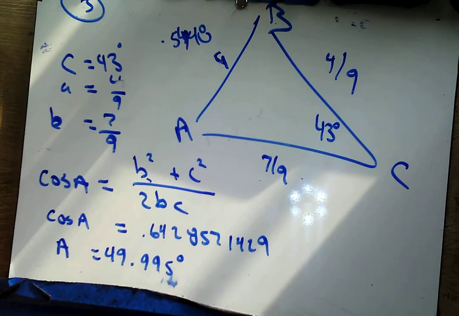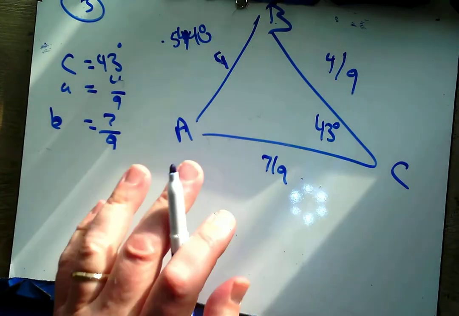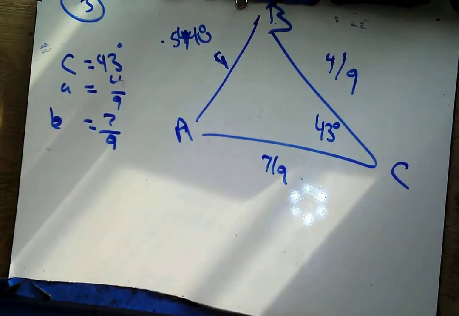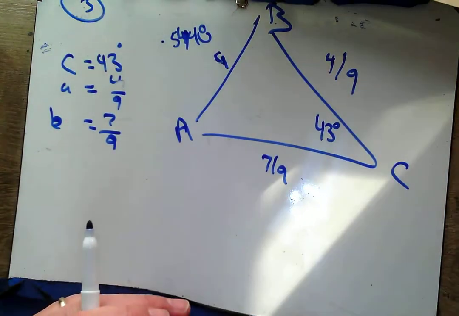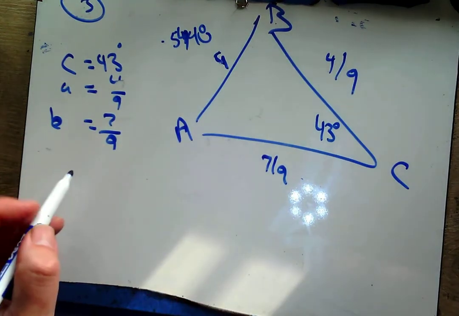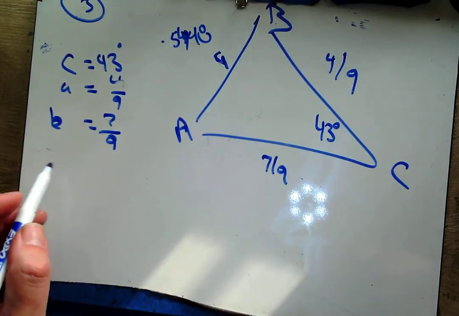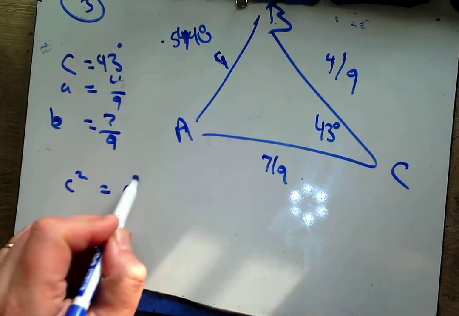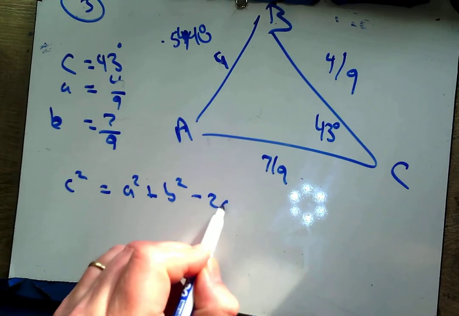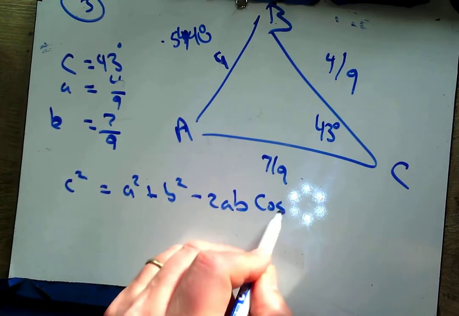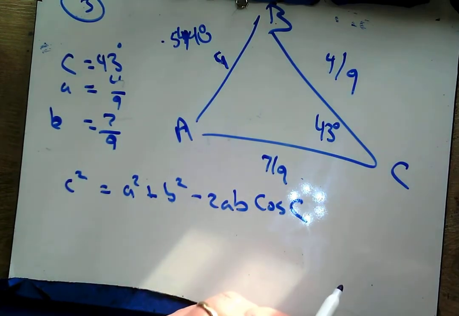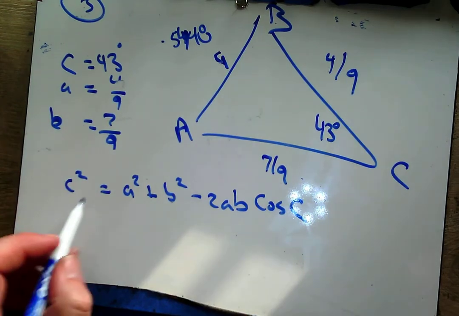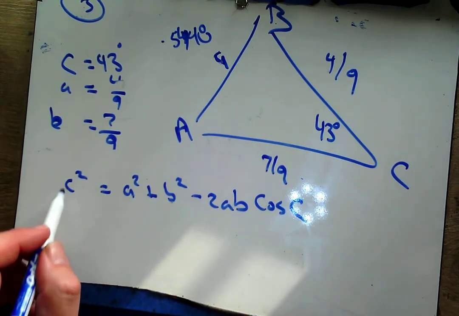That's not what I got for A. Okay, well, it's good to check your work. So let's think about this. We know that C squared equals A squared plus B squared minus 2AB cosine C. Oh, that's what I forgot on top.